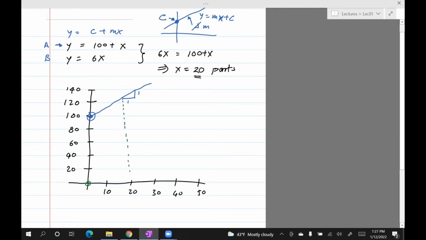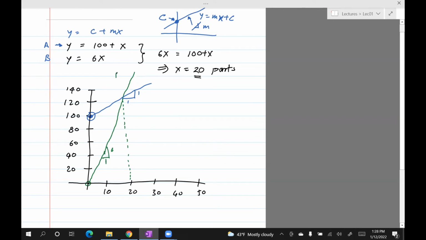You could do this in your calculator, in which case you don't have to be so careful. I'm drawing it on paper, so I need to be careful about how I draw it. So let's keep extending this. This has a slope of 6 to 1.